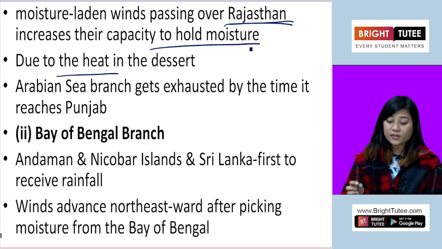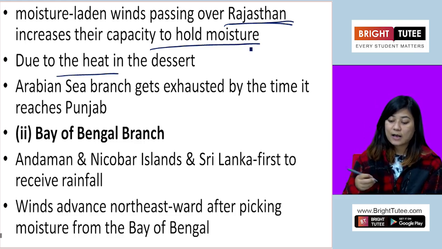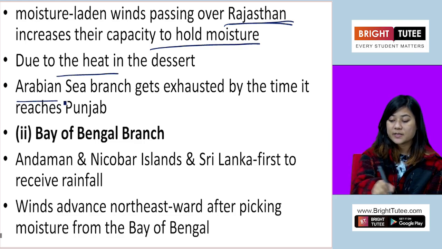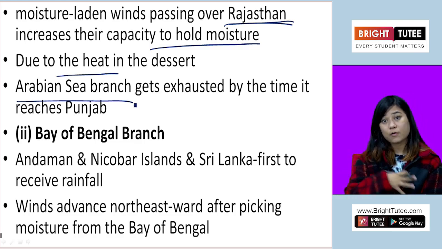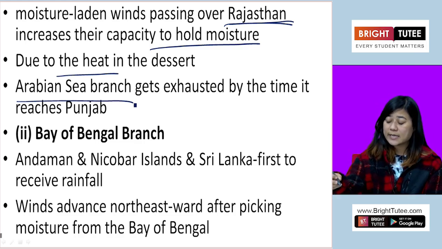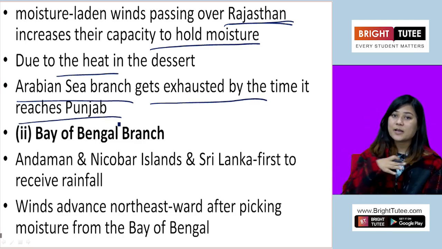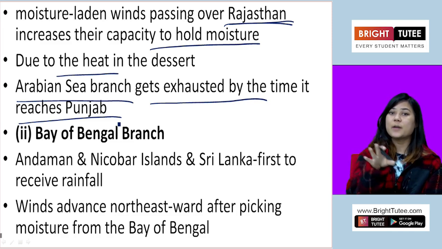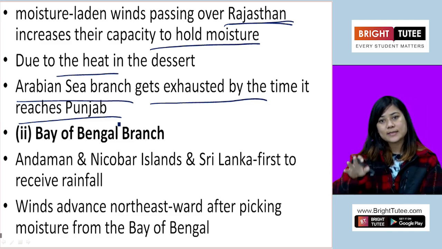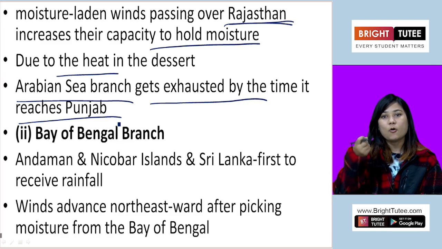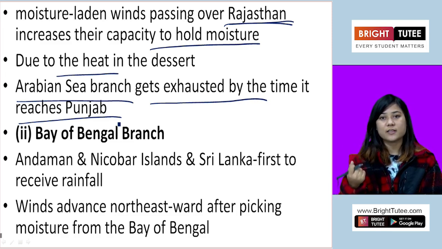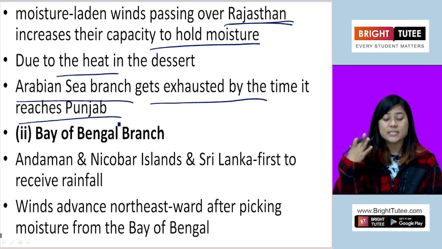After that, this Arabian Sea branch of the monsoon wind gets exhausted by the time it reaches Punjab. From Rajasthan, it goes towards Punjab in the north, but by that time all its force, all its strength, all its moisture is already depleted.